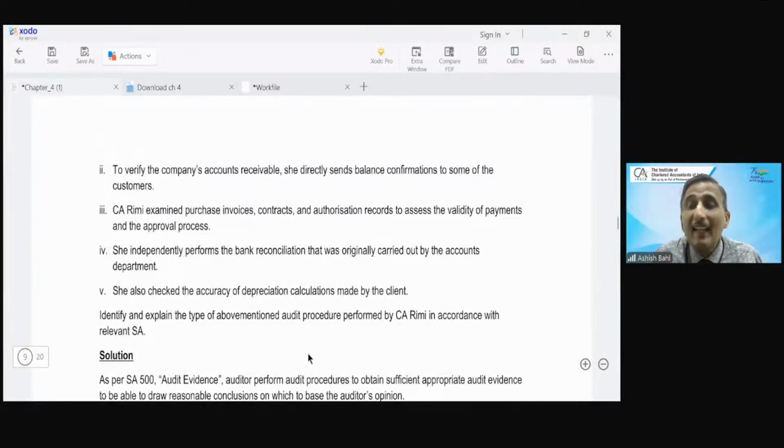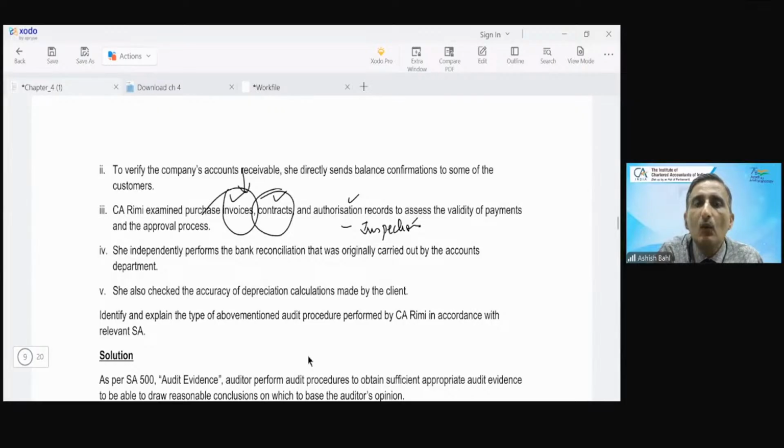But third, how are you writing analytical procedures? This is plain inspection. She is just verifying the purchase invoices and contracts. It means she is reading the contracts, going through invoices, and going through the records which show that approval was given for the payments. This is not an analytical procedure. Analytical procedure, by its very definition, establishes a relationship between two items.